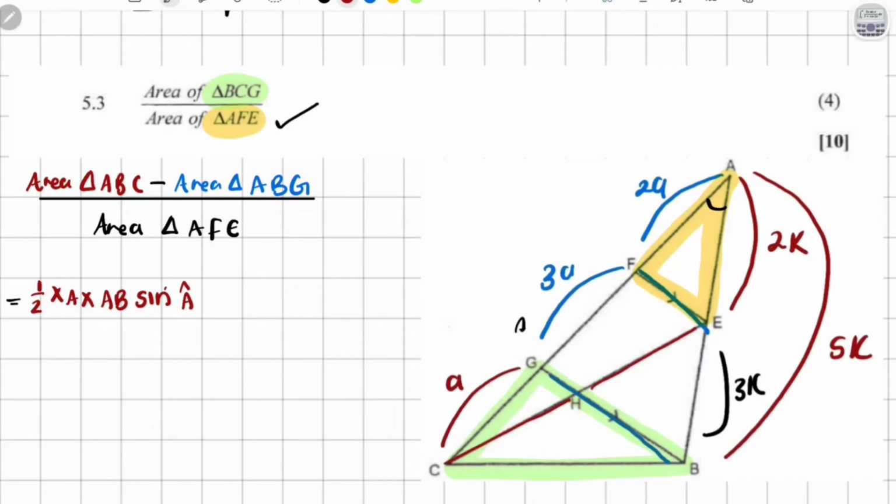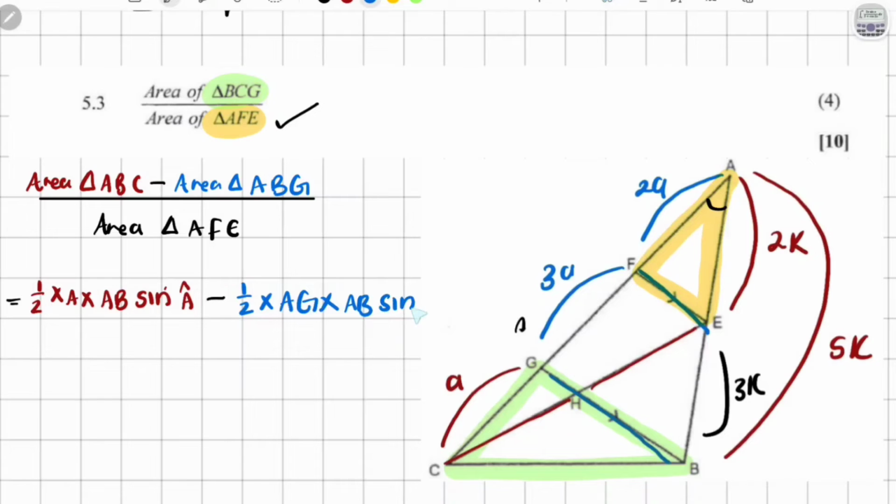So I need to put them in terms of the same angle, really, just so that they can cancel at the end of the day. Then this is being subtracted by the area of triangle ABG. So that is a half again multiplied by AG, that's one side, multiplied by AB, that's another side.